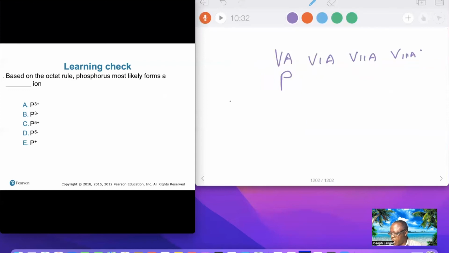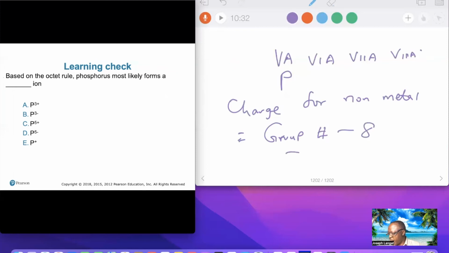So the charge for non-metals is given by the group number minus 8.